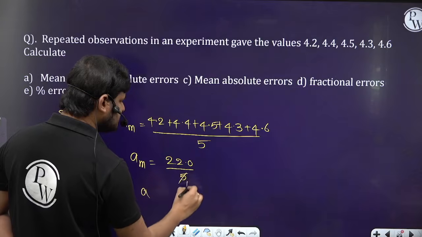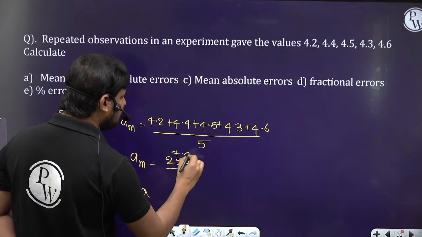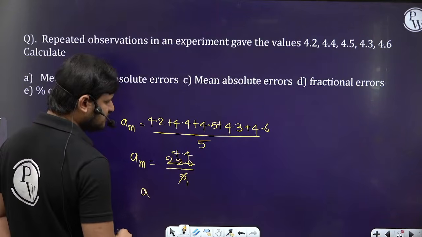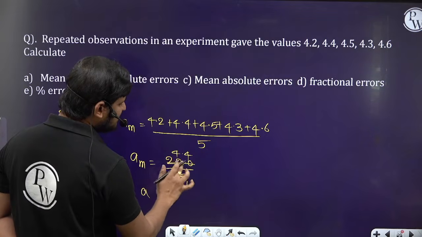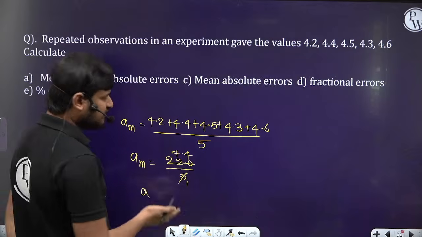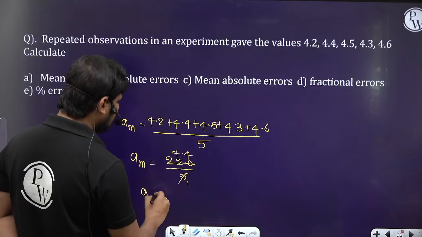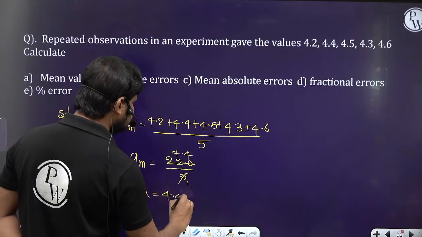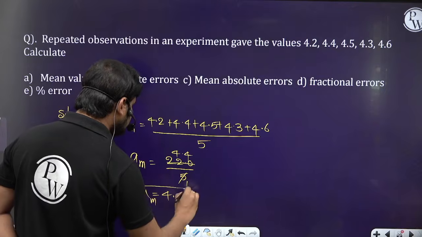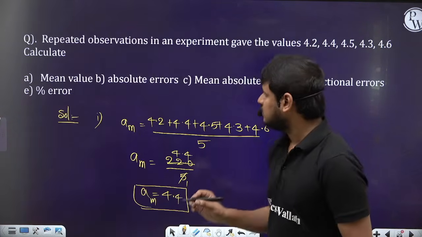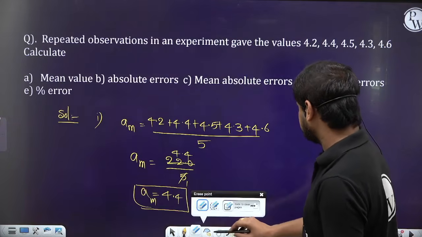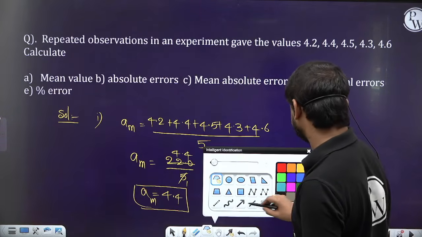Whereas if you calculate this, we will get 4.4. It should be rounded off to the one having the least number of significant figures, which is 4.4. This is the AM, the mean value, the true value, the first one. And then what is the next one? Next question.